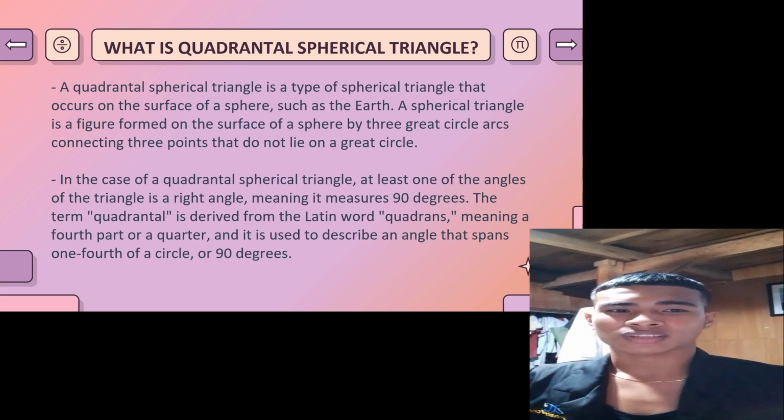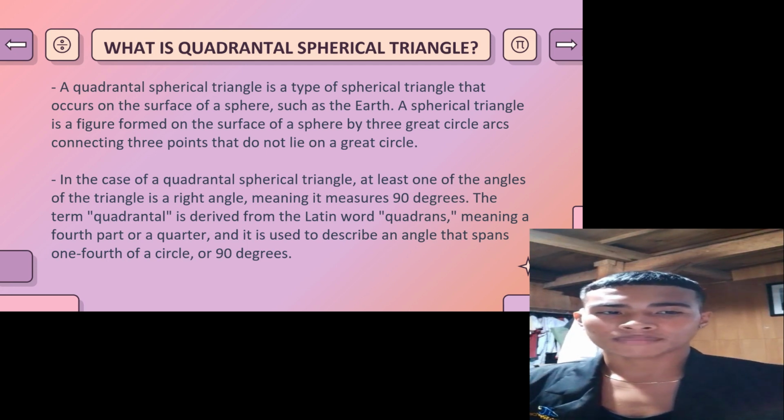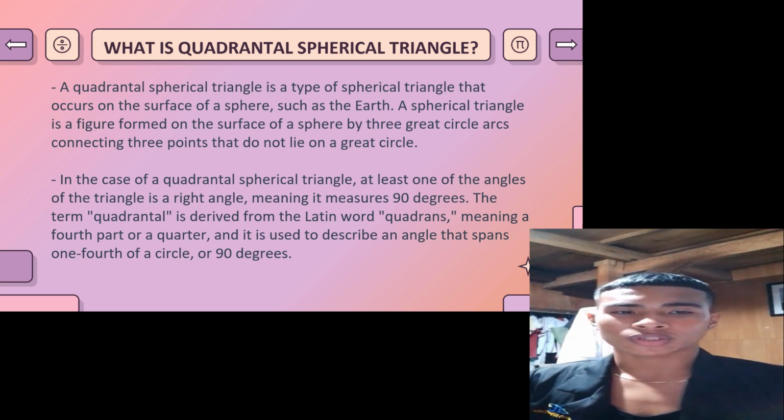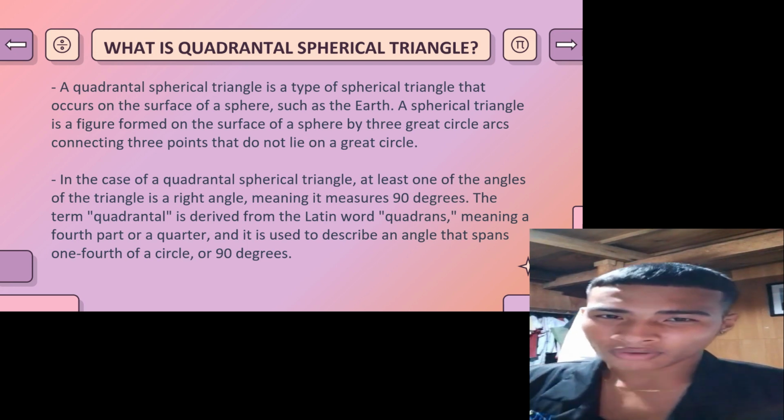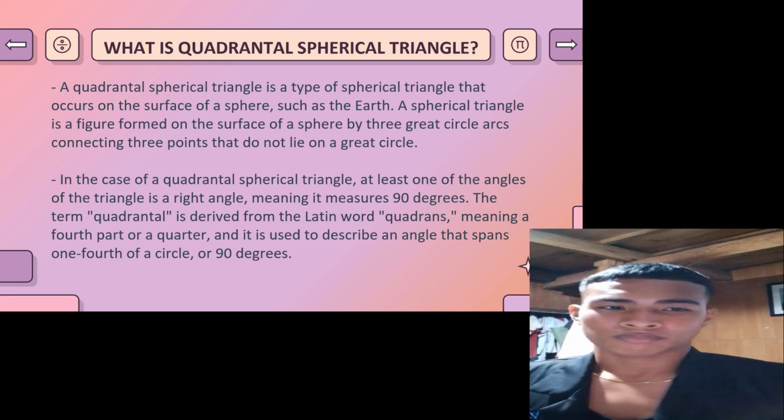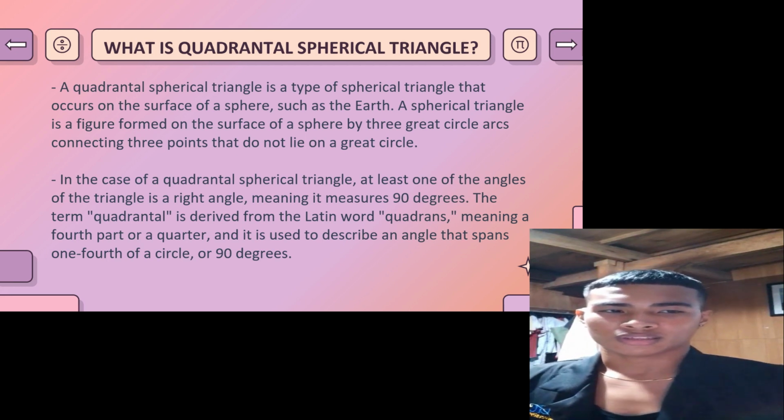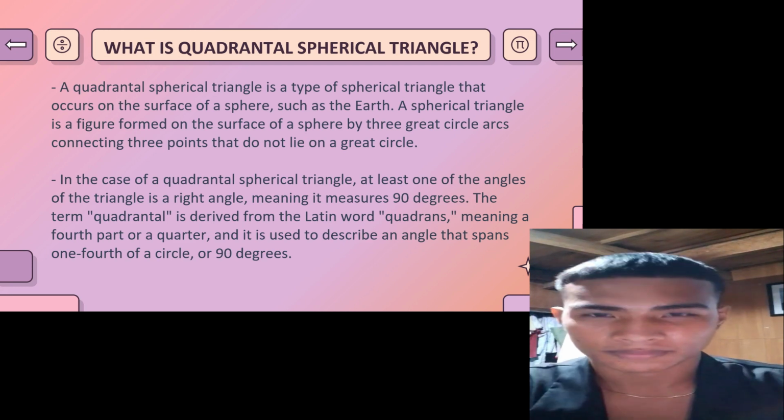In the case of a quadrantal spherical triangle, at least one of the angles of the triangle is a right angle, meaning it measures 90 degrees. The term quadrantal is derived from the Latin word quadrans, meaning a form, part, or a quarter, and it is used to describe an angle that spans 1/4 of a circle or 90 degrees.